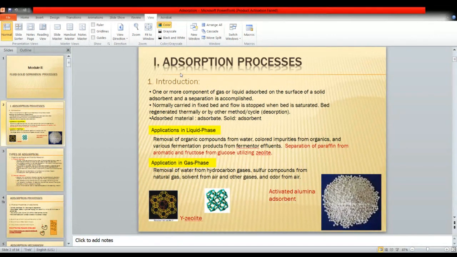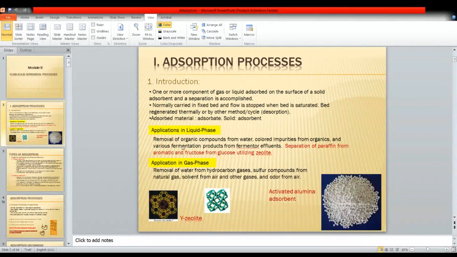So it gets completely dissolved in the water, it becomes a homogeneous solution. That is absorption. But in adsorption, a solid is involved, and the separation takes place only on the surface, not inside the body, only on the surface. There are small pores, so it can be easily recovered.